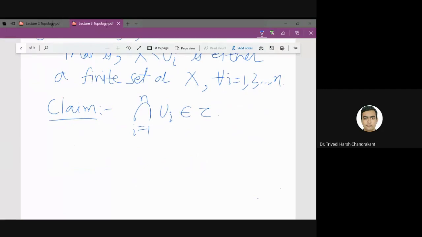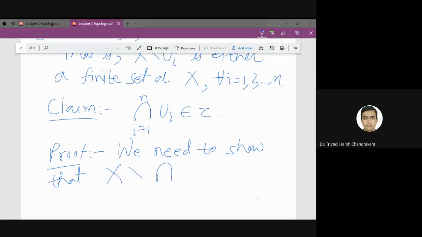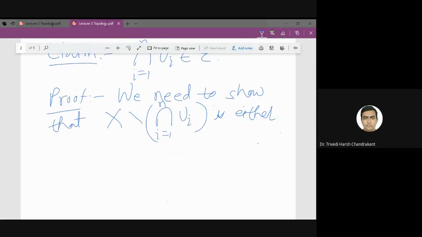So again, to show this, what we need to prove? The proof of the claim is that we need to show that the complement of this set is either finite or whole x. So x minus the intersection, i running from 1 to n, of ui, this set is either a finite set or it is whole x, right?